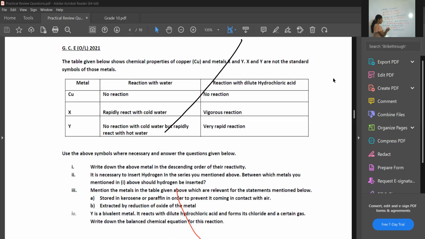So when we put some pieces of magnesium into copper sulfate solution, here also you can get an observation, right? What happens here is this magnesium, single displacement. Copper is displaced by magnesium.